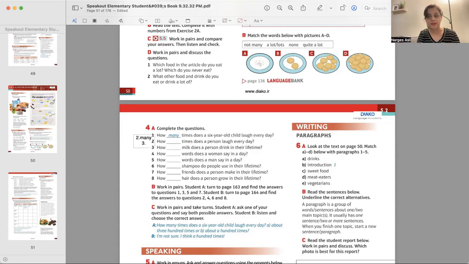How much milk does a person drink in their lifetime؟ خب how much milk میشه؟ بهت گفتم milk رو با how many نمیتونی بگی. How many words does a woman say in a day؟ words اسم جمع گرفته دیگه، پس میشه how many words.